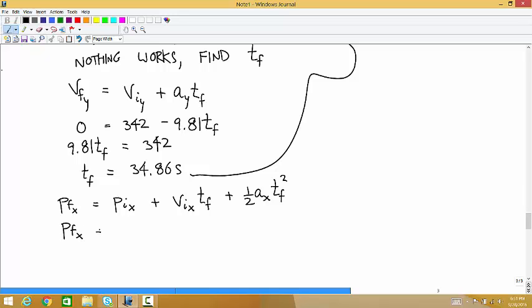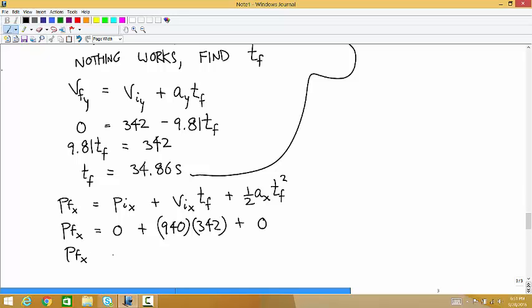So PFX is equal to 0 plus 940 times 342 plus 0.